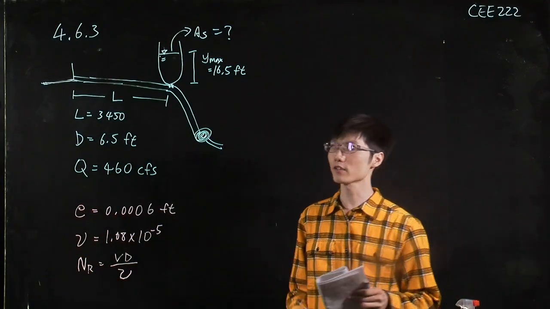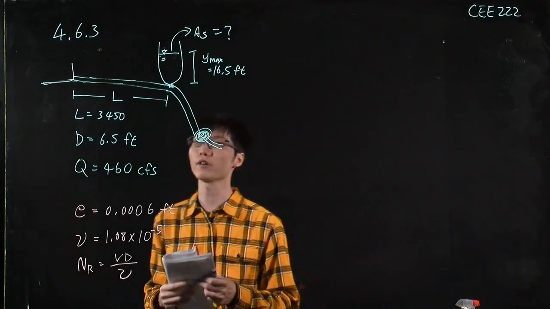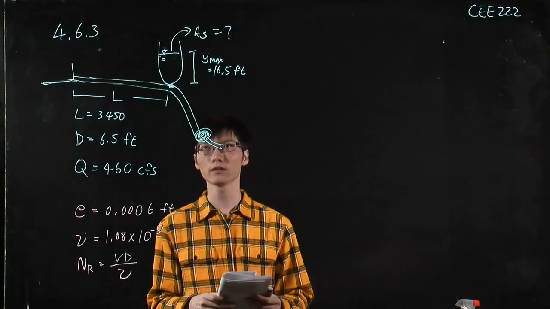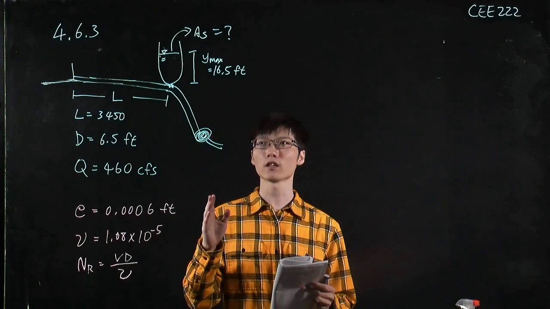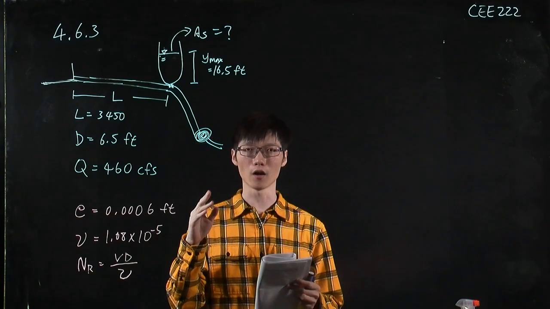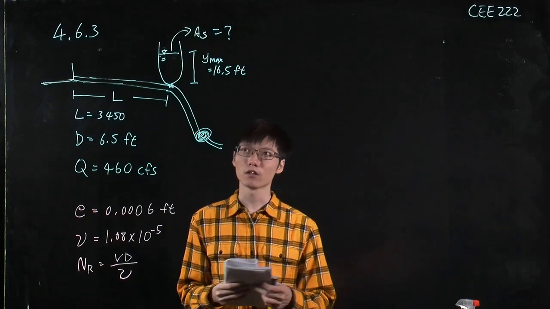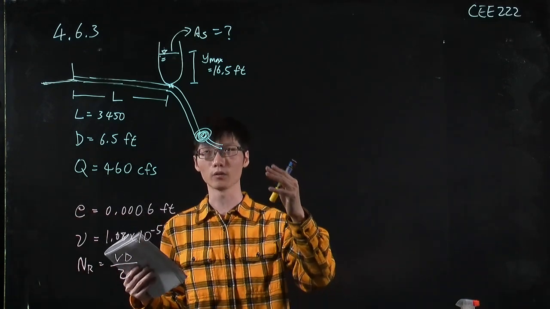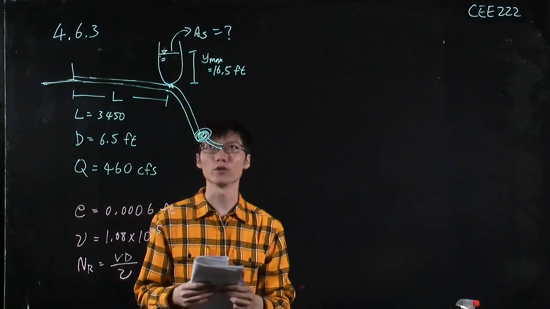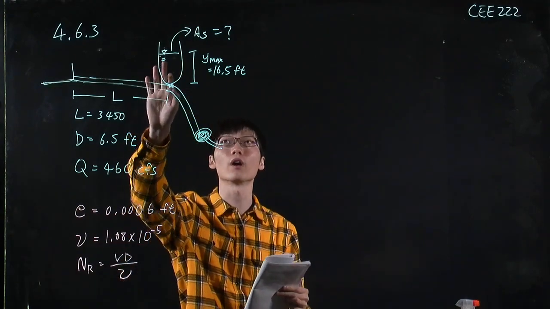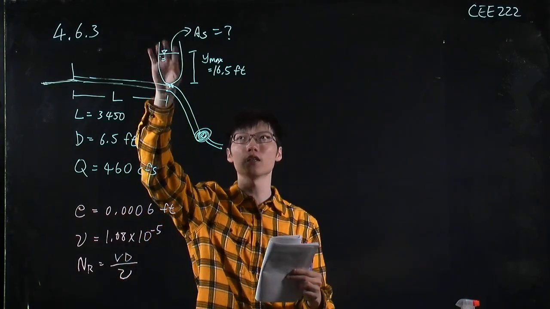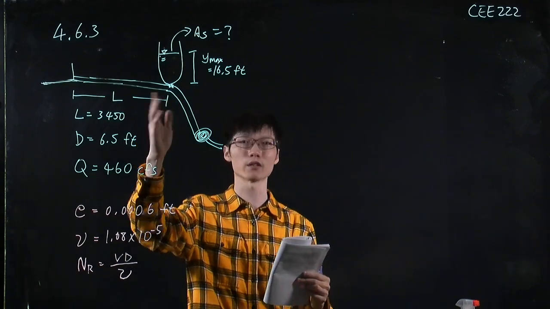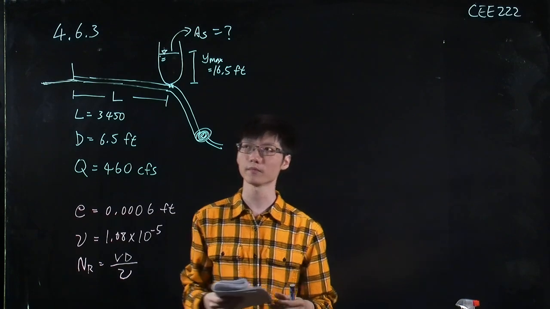Okay, now let's look at problem 4.6.3. To the pressure hammer problem, the alternative to the closure speed to prevent the pressure rise, we can also use this surge tank, in which the water will rise to compensate for the pressure created by the rapid closure.